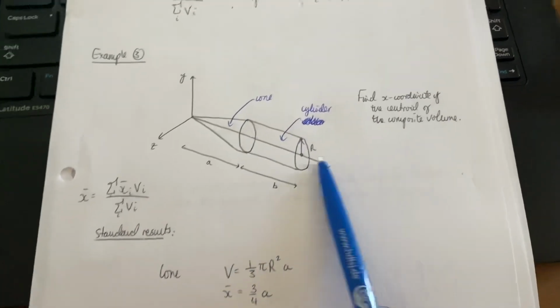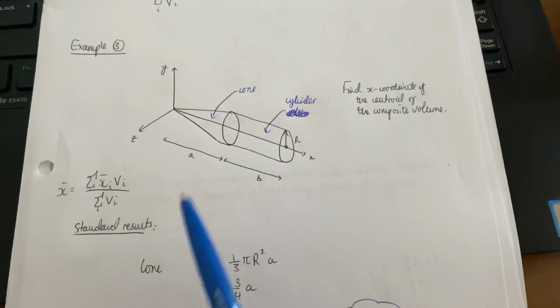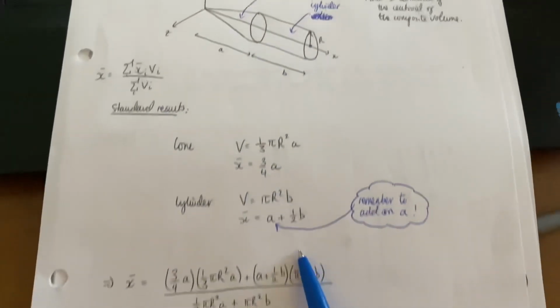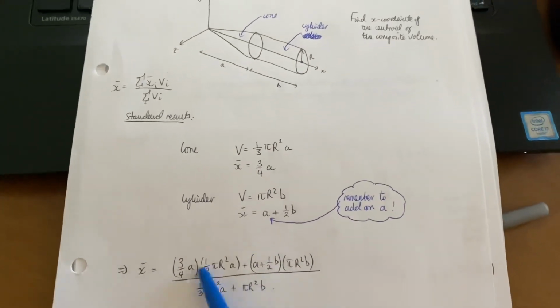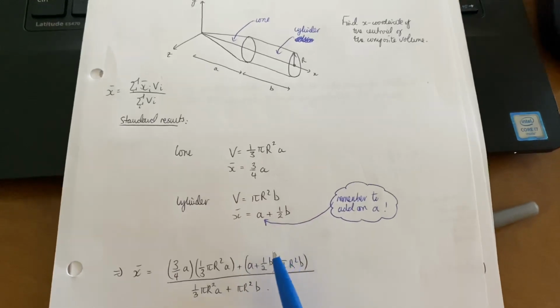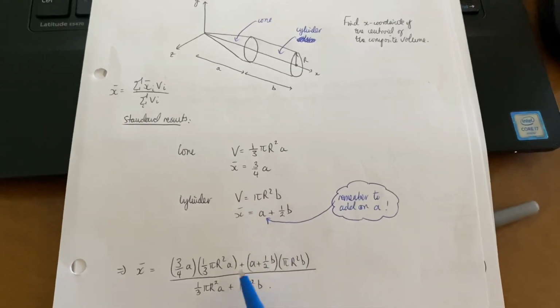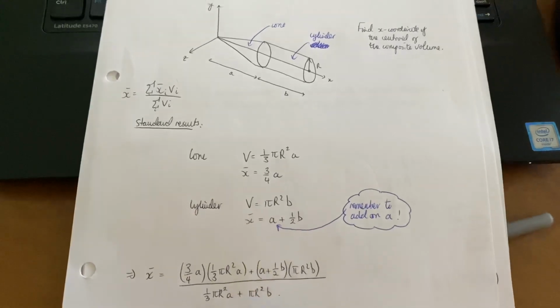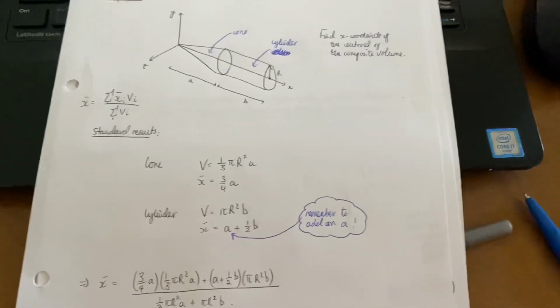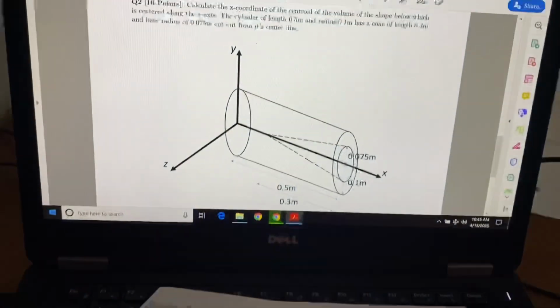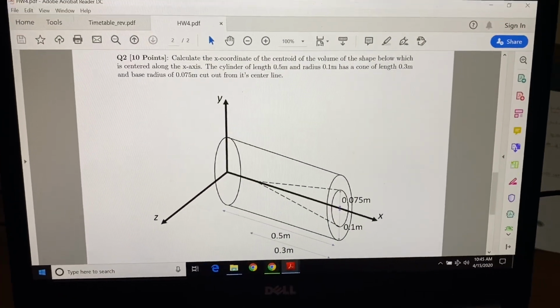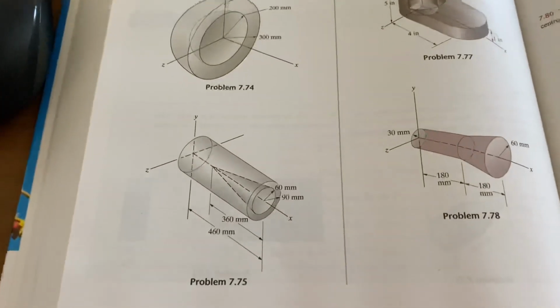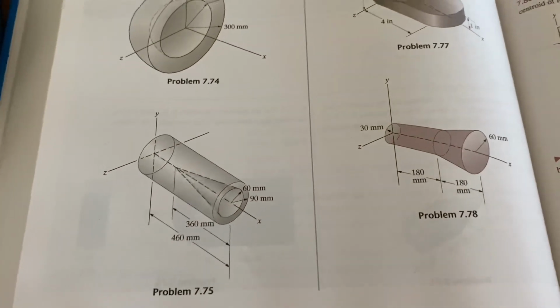What happens when we have a shape with a cutout is we do a similar kind of thing, but we subtract the x-coordinate centroids and the volumes from each other. So we just end up with a negative sign here and here. The example that I gave in the homework is pretty much exactly like example 7.75 from the textbook.